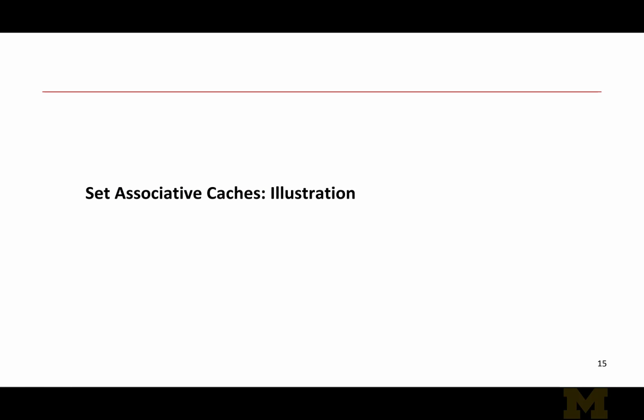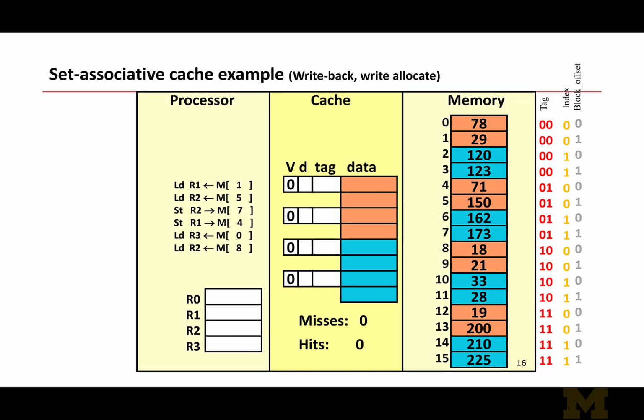Okay, let me illustrate the function of a set associative cache using a very simple example. We have a sequence of instructions on the left hand side, and the same 4-bit memory that we have been using in our examples, and the cache in the middle.